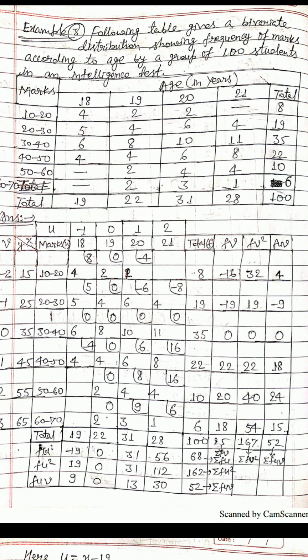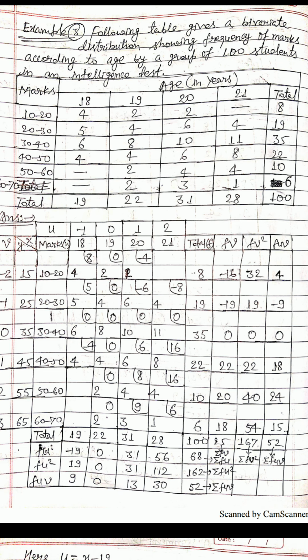The other thing mentioned is age in years: 18, 19, 20, 21. So there are four persons of age 18 years whose marks lie between 10 to 20, and two persons of age 19 years whose marks fall between 10 to 20, and similarly.